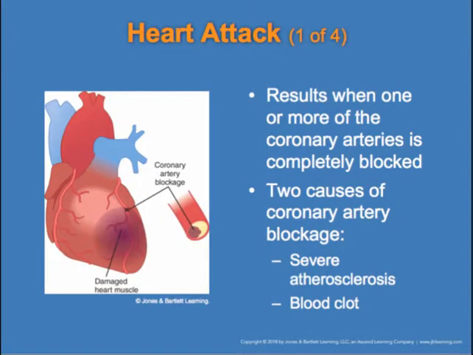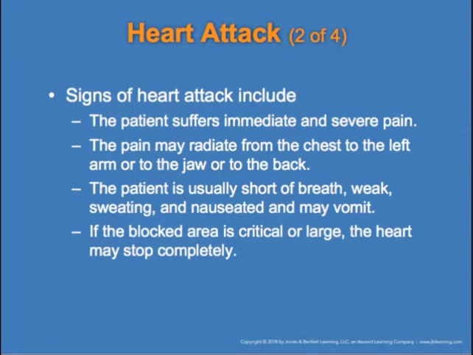Heart attack. Heart attack results when one or more of the coronary arteries is completely blocked, right? Two causes of coronary artery blockage: severe atherosclerosis or a blood clot. Pretty significant stuff. Signs of a heart attack include that the patient has immediate pain, right? That pain often will radiate from one side of the chest to the left arm, to the back, to the jaw.